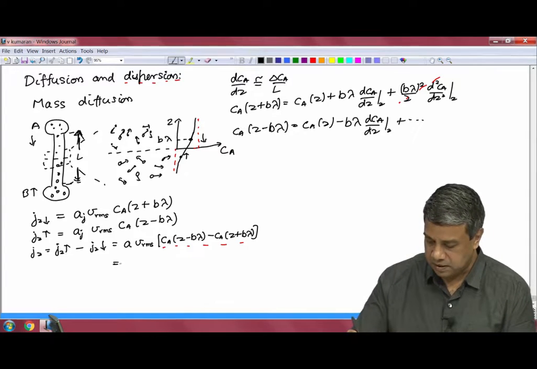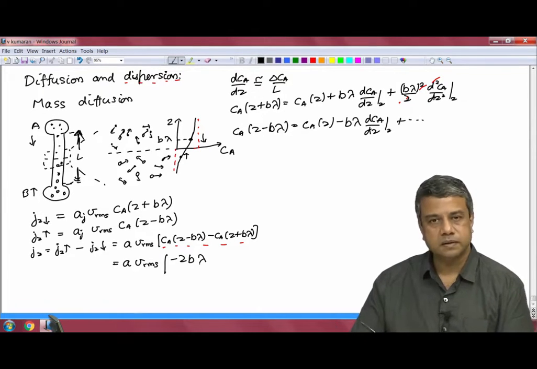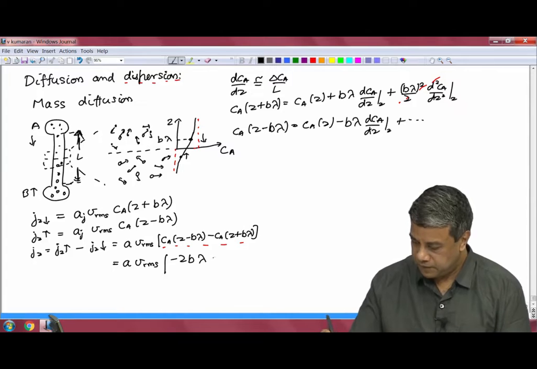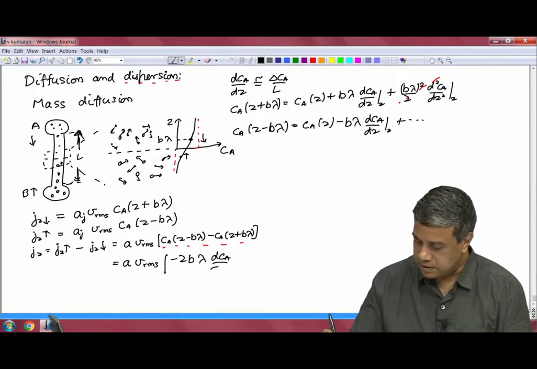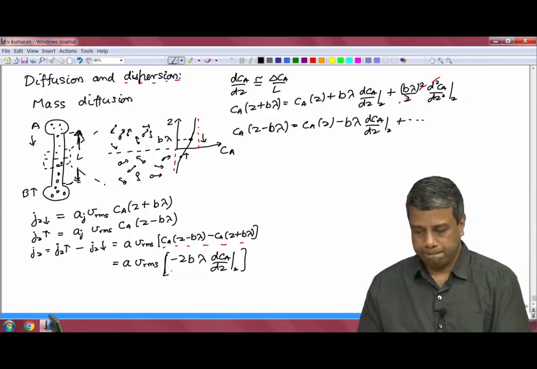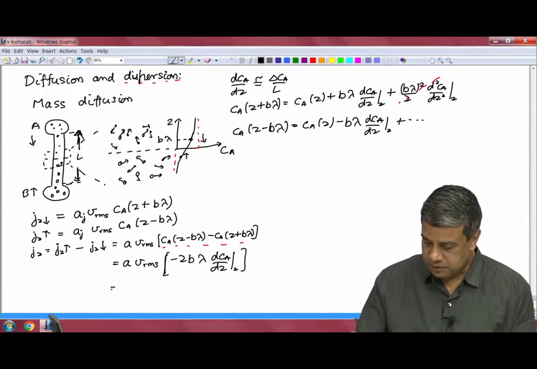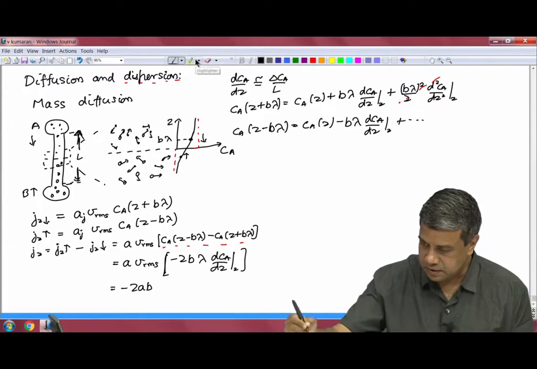So, I will get A V RMS times minus 2 B lambda dCA by dZ. This is equal to minus 2AB, and I put a J there, so I will just retain that J.